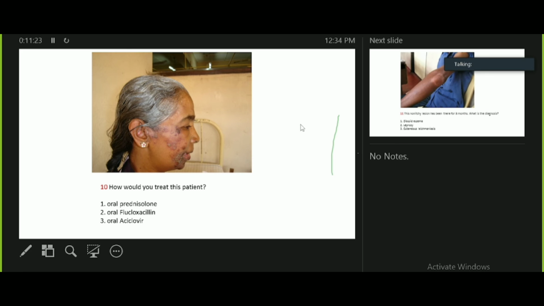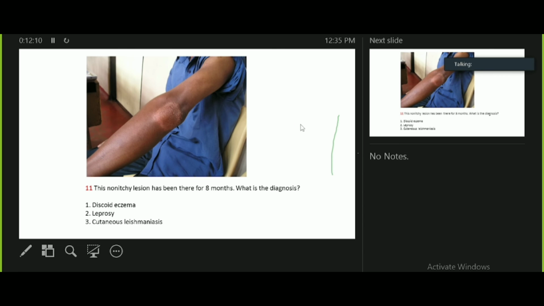Number 10. Number 11. This non-itchy lesion for 8 months duration.